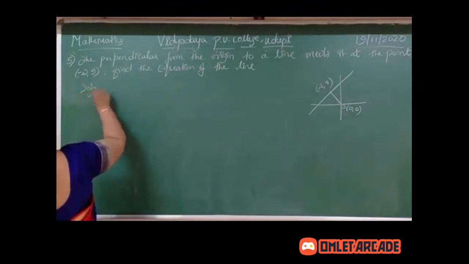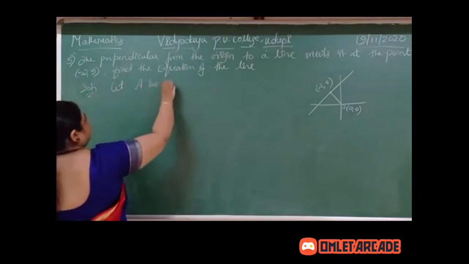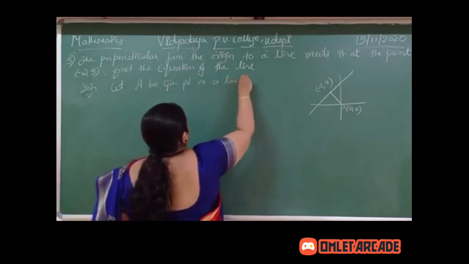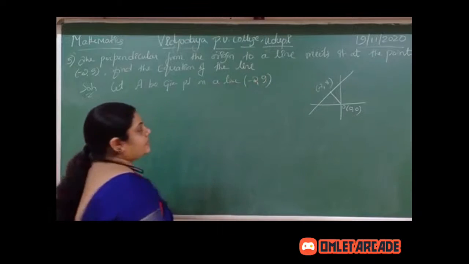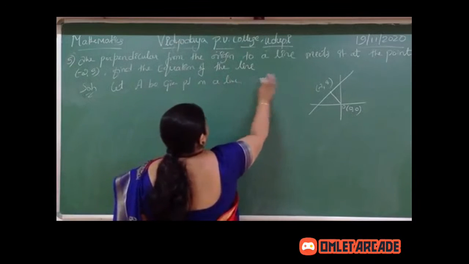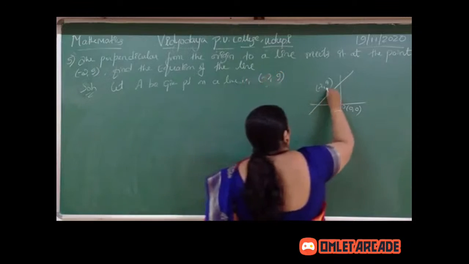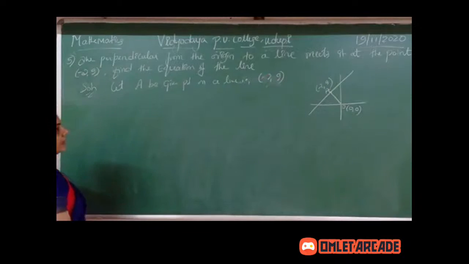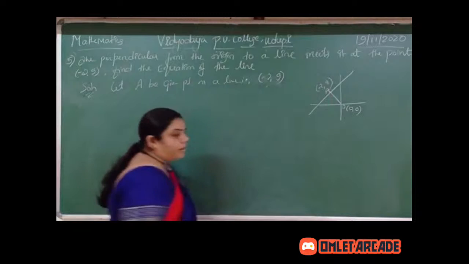Solution. Let A be the given point on the line. It is the given point (-2, 9). Let me give the name A. The origin, we know, is O. So let me name the point on the line as A(-2, 9).